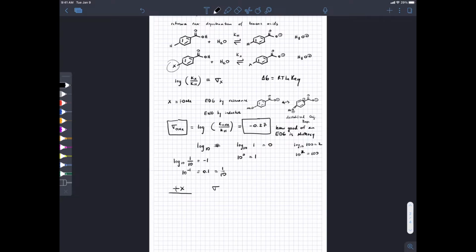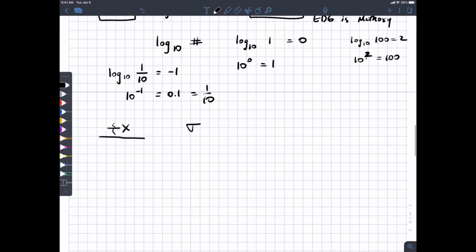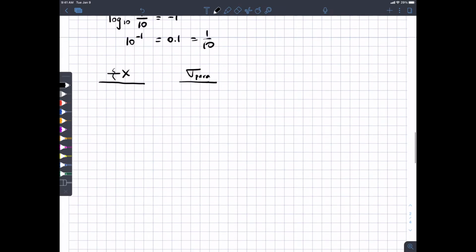We can talk about why you'd expect the numbers to be different for para versus meta substituents, but at this point I'm just going to indicate para here so that we know where X was. I already told you that for the substituent of methoxy, our number was negative 0.27.